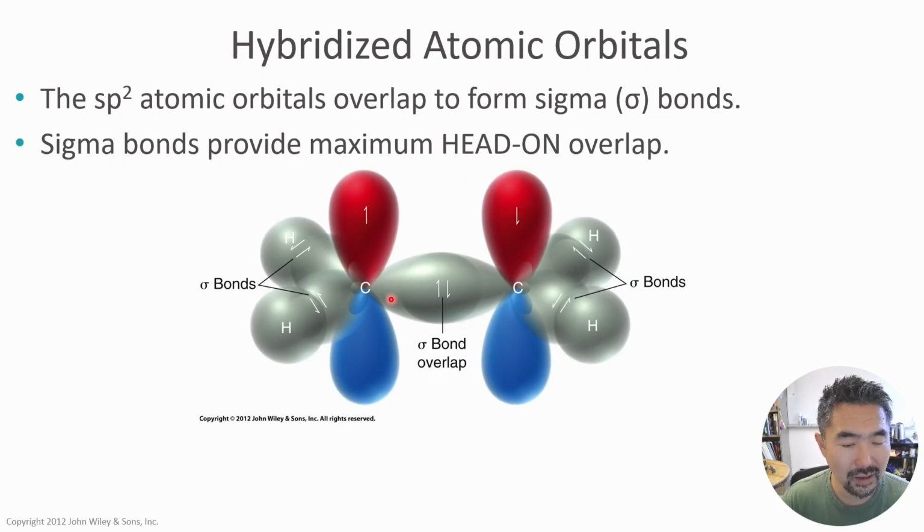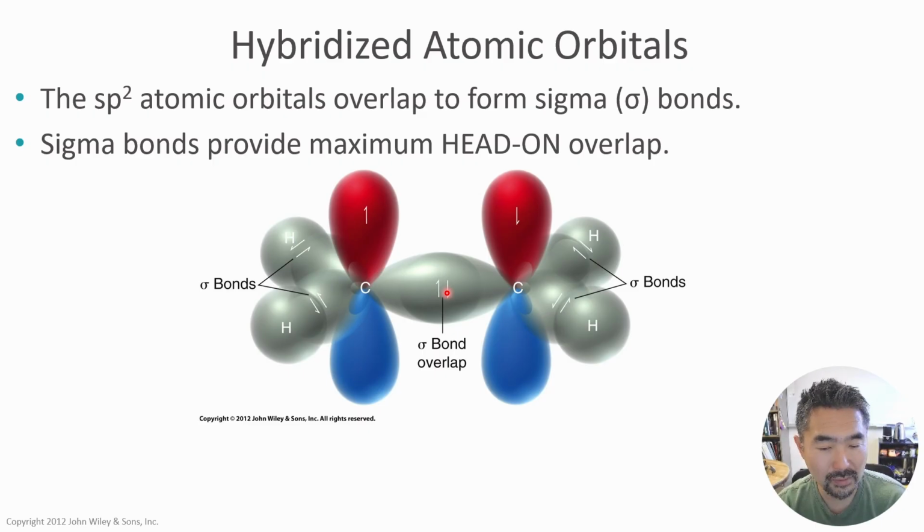And so one of each of those sp2s can form a bond with a hydrogen, another hydrogen, and a carbon. And this would be a sigma bond. Sigma bond is when you have this head-to-head overlap, a really tight, secure overlap of orbitals.